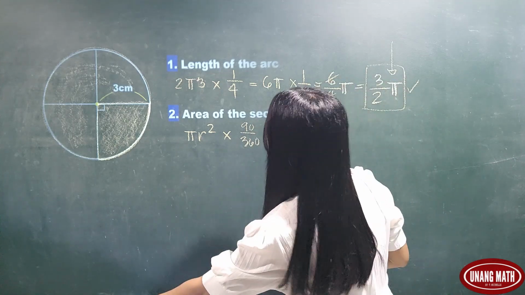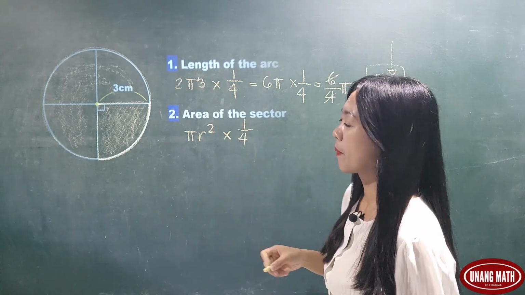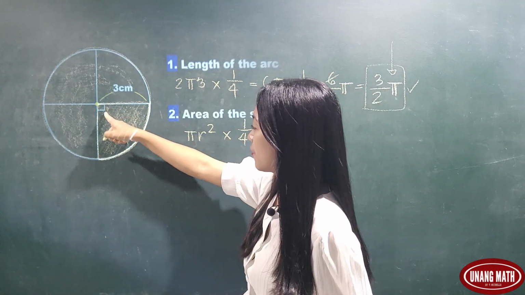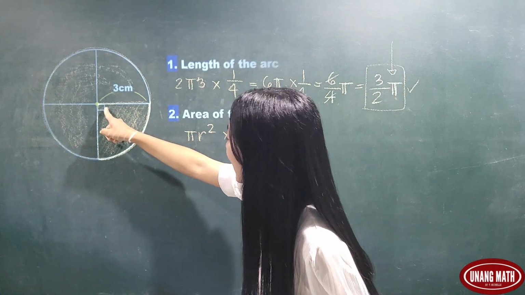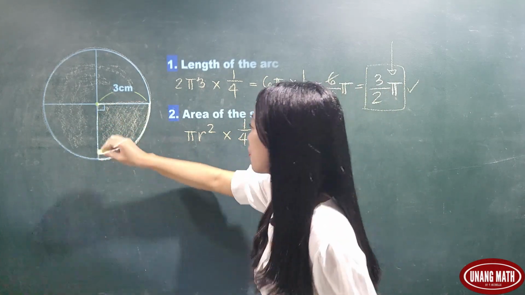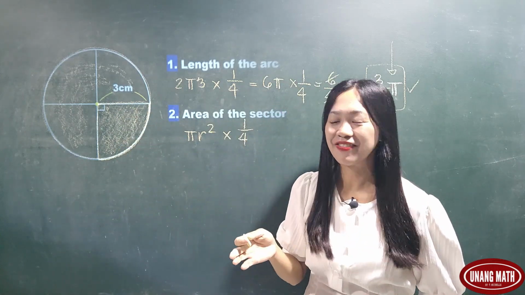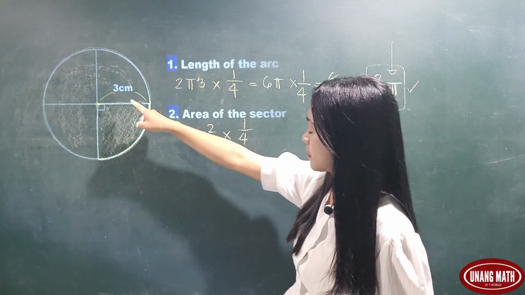And if we simplify, this is 1 over 4. So times 1 over 4. Why do we need to multiply the ratio of the central angle to the whole? It's because the central angle is directly proportional to the area of the circle. So we now have here pi r squared. Let's substitute.